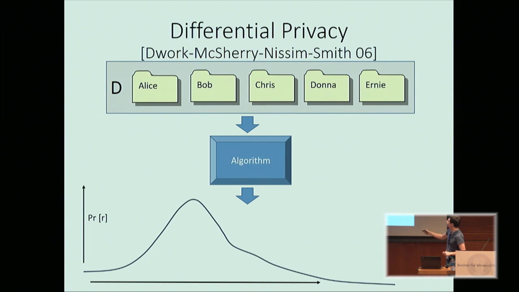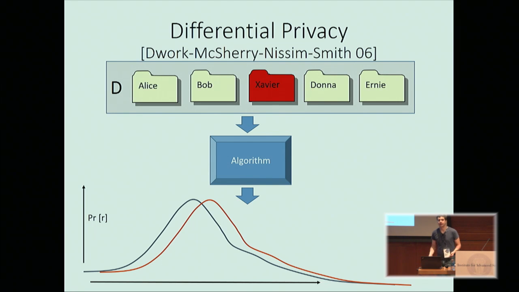And we're talking about randomized algorithms which take as input data sets and flip some coins and therefore induce some distribution on their outcomes. Okay, what differential privacy promises is that if I look at the distribution induced by the algorithm when I change one element of the data set, it shouldn't be too far from the distribution induced by the algorithm on the original data set. It's some Lipschitz condition on the mapping between data sets and distributions on outcomes.